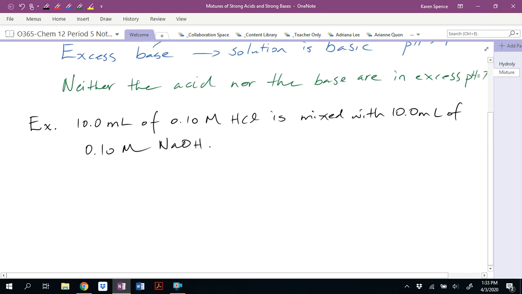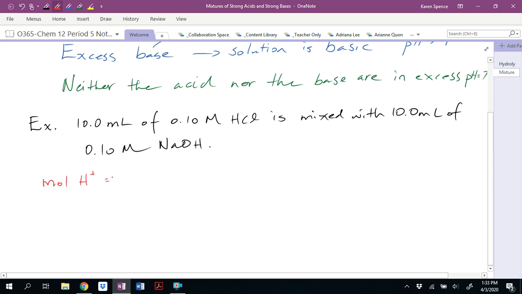All right. So what we've got here is we have a certain amount of acid and a certain amount of base. Both are strong. So for our acid, what we can do is we can calculate the moles of H+.